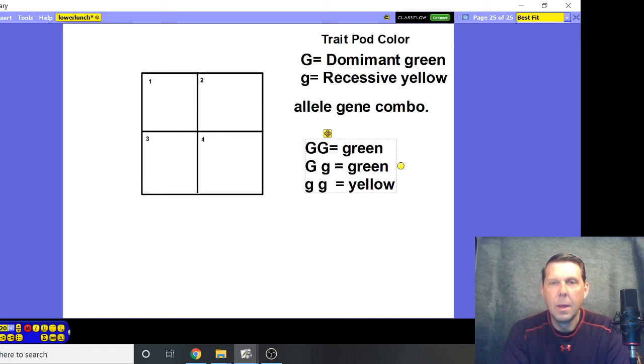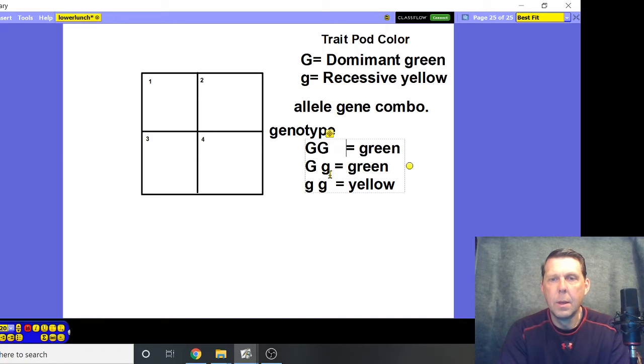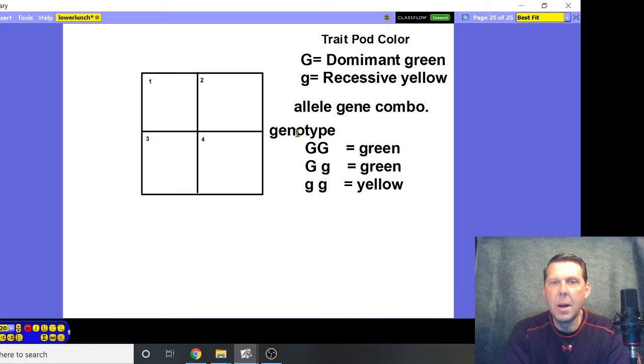So this is called the genotype. The genotype is how the alleles are combined.